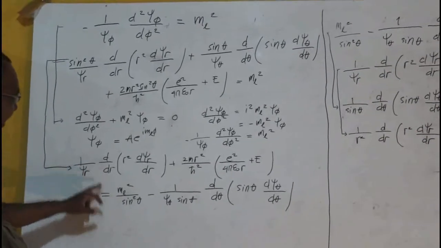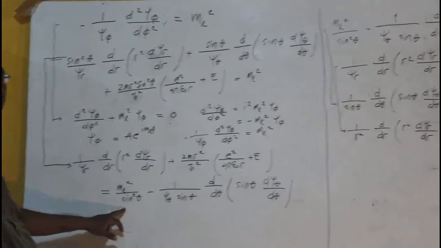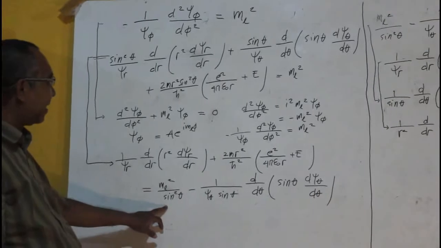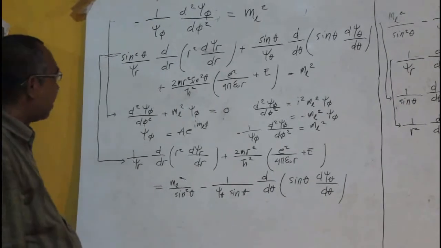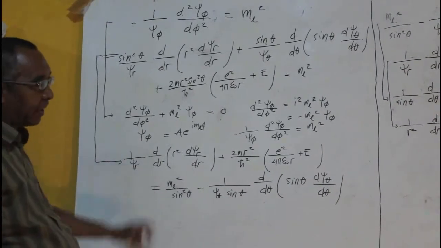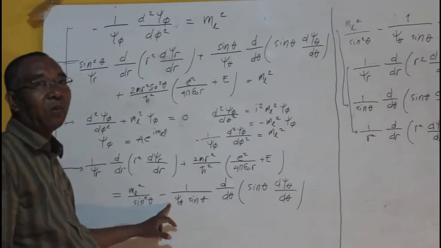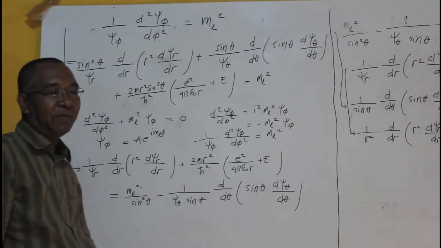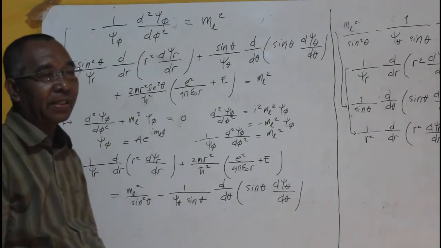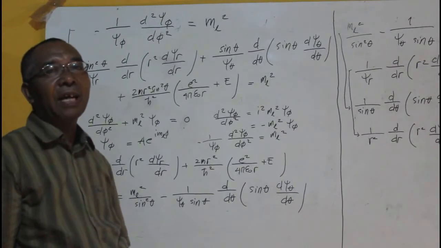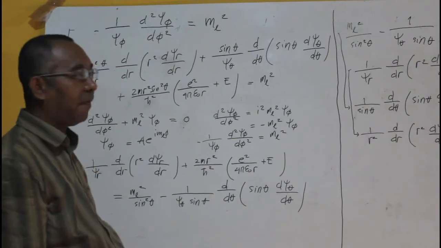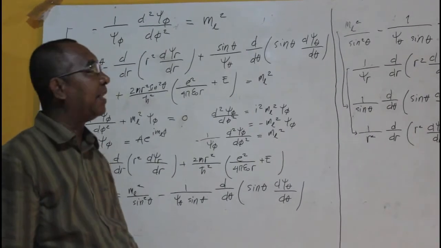The left side and the right side of this equation contain different variables. So this equation is just right if the left side and the right side are the same constant. For simplification, we can say that constant is L times (L plus 1) for a reason we will understand later.